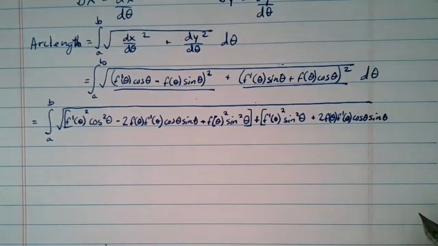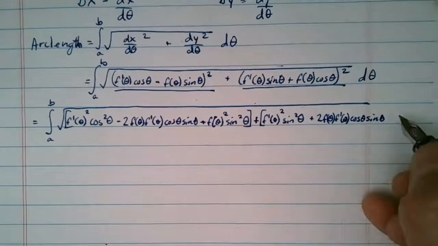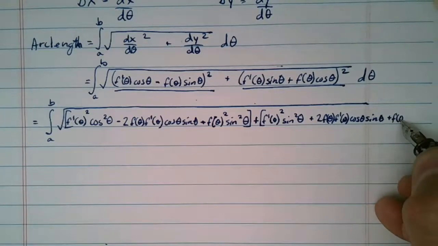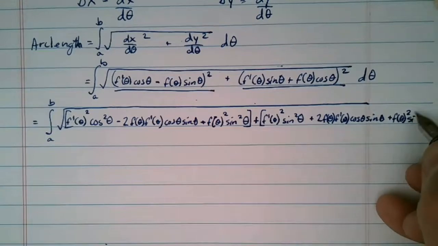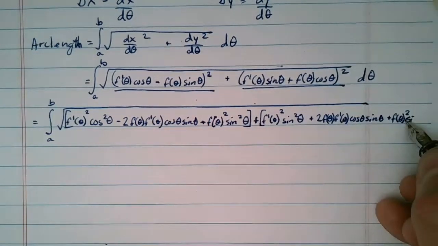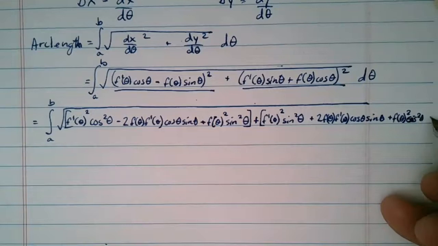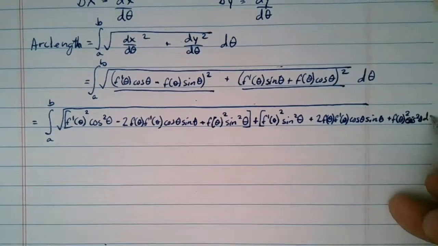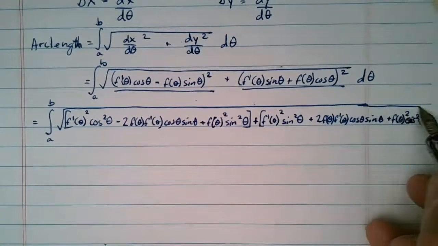I'm going to run out of room here. Then plus f of theta squared cosine squared theta, and all of that will be integrated with respect to theta. Get my radical all the way out here.